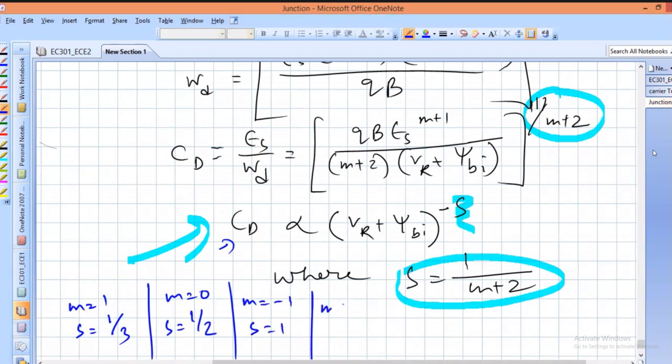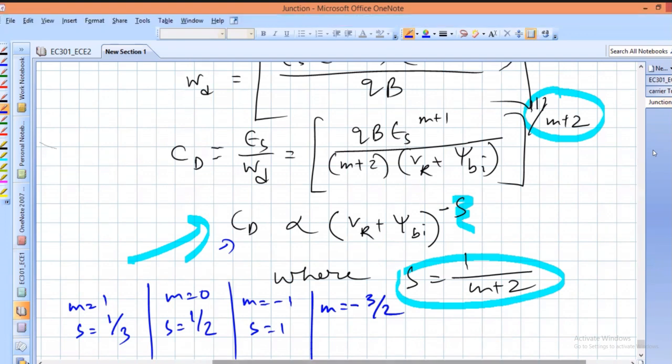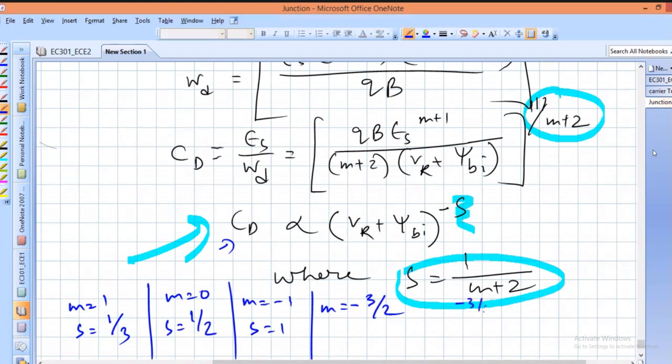If I consider m equal to minus 3 by 2, which I already utilized during the drawing, then S will be 2. Right?